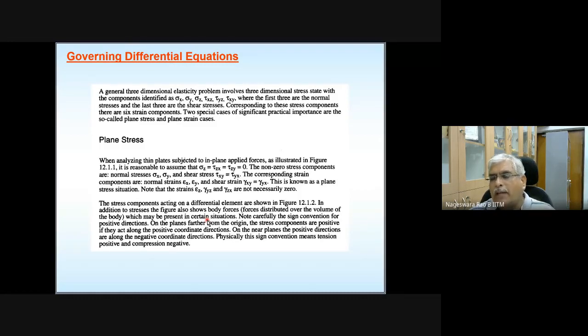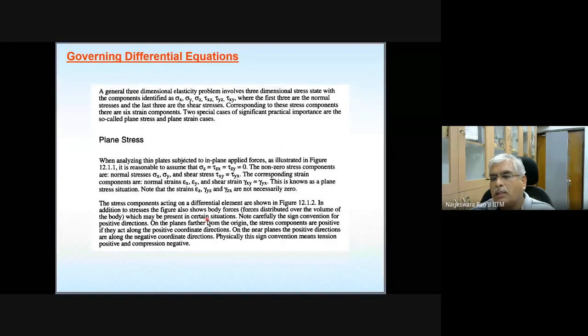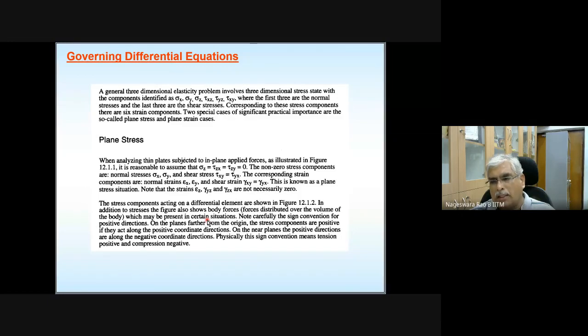It can be gravitational force, gravitational pull, or it can be magnetic force, or it can be a frictional force, or it can be drag, which may be present in certain situations.